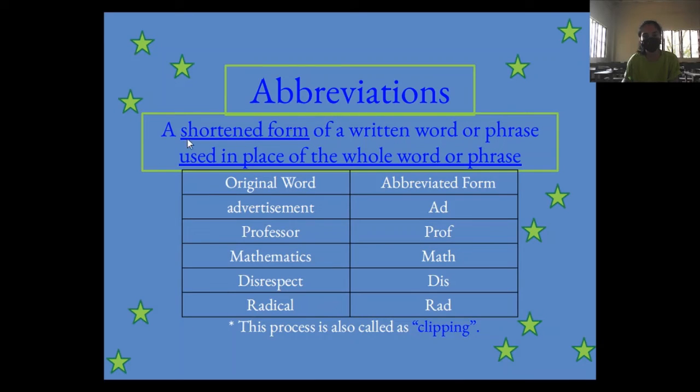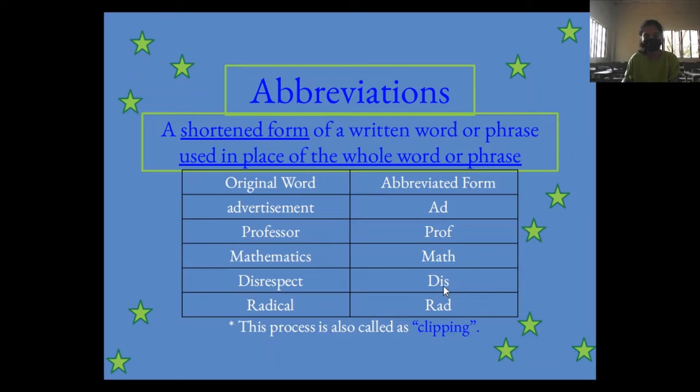Abbreviations are a shortened form of a written word or phrase used in place of the whole word or phrase. Like this one: advertisement, ad; professor, prof; mathematics, math; disrespect, diss.